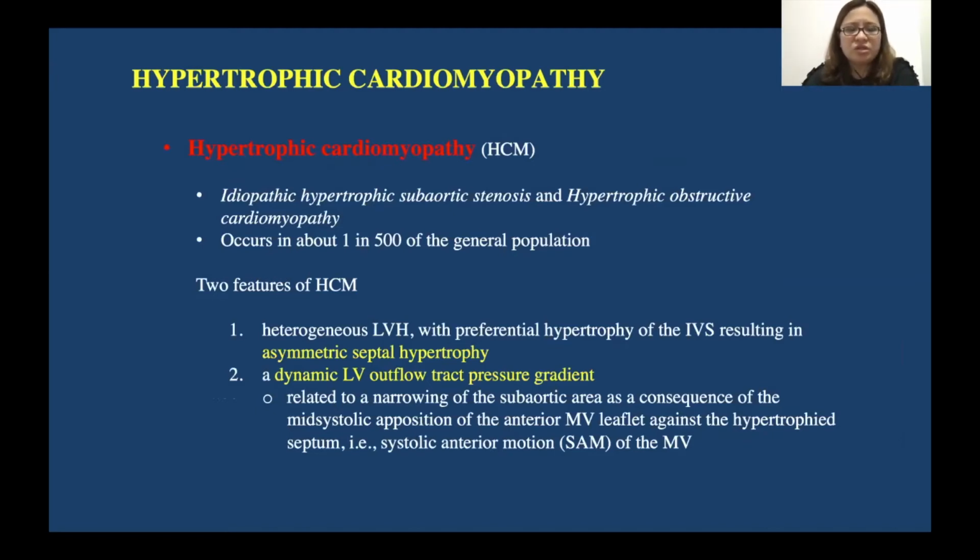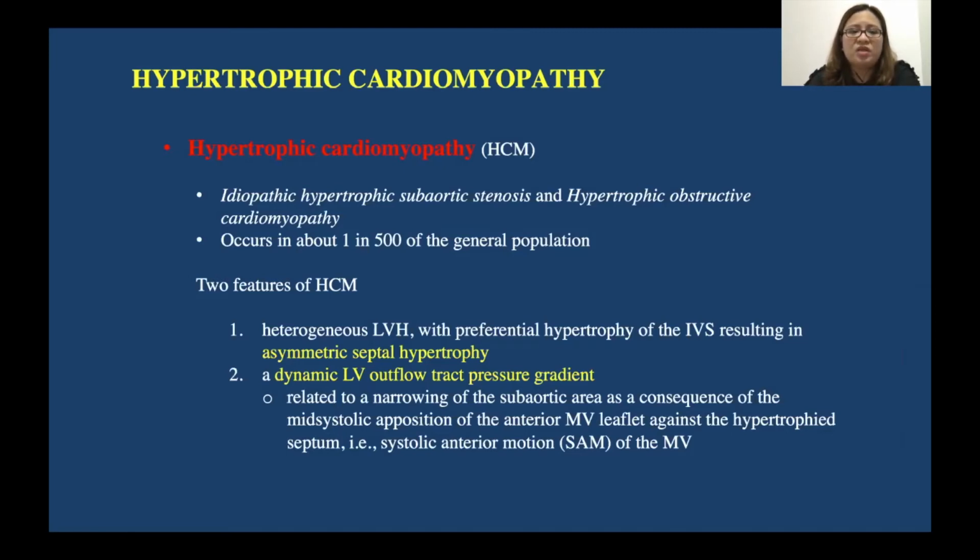Two features of HCM: there is an asymmetric septal hypertrophy, meaning there is a preferential hypertrophy of the interventricular septum more than the posterior wall of the left ventricle, and usually it involves the apical septum.